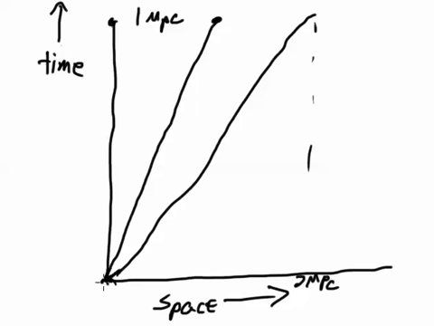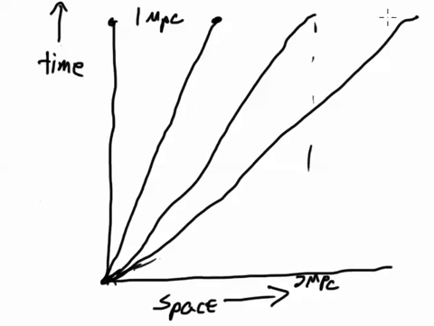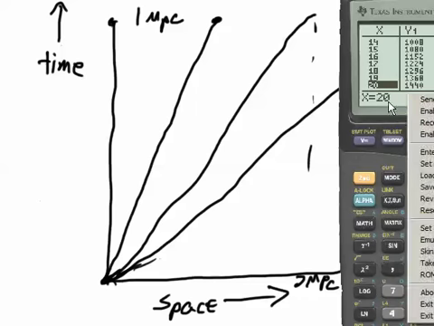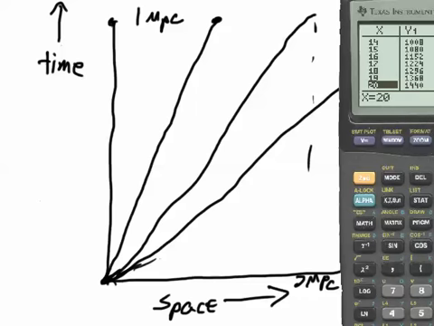If it flew off at, what is 3 times 72? If it flew off at 216 kilometers per second, after 13.7 billion years, we would expect it to be at 3 megaparsecs away. And that pattern should continue on and on. So, at 10 megaparsecs away, we should find galaxies traveling away at 720 kilometers per second. At 20 megaparsecs away, we'll find galaxies traveling at 1440 kilometers per second.